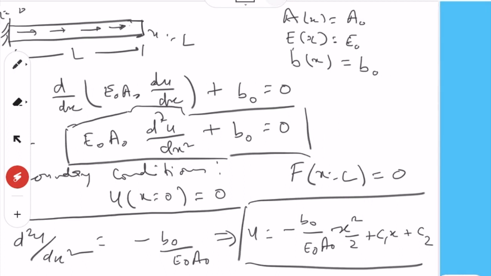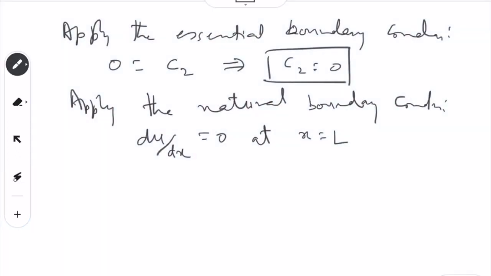So what is du over dx? Du over dx is equal to minus b naught over E naught A naught times x, plus c1, equal to 0.